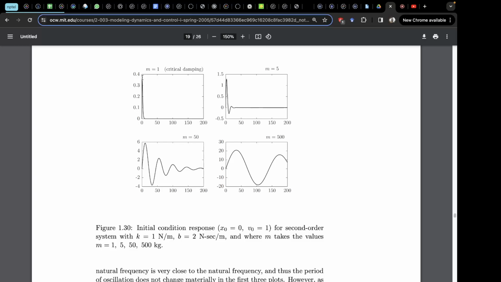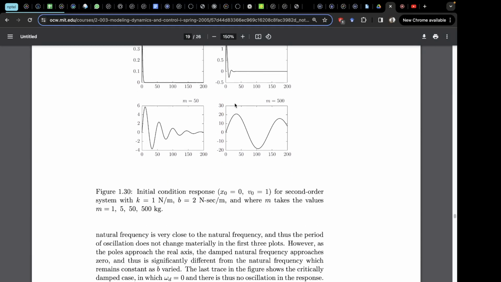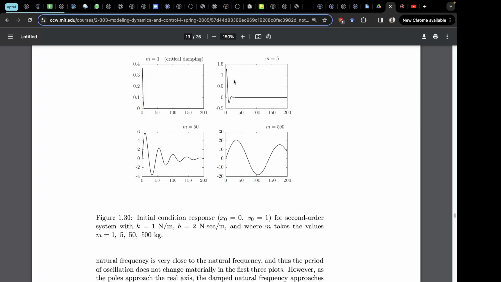So without much oscillations, it just dies down to the zero value. And interestingly, what happens, m is equal to 5, mass increased, then m is equal to 50. Then let's calculate the damping ratios once for this case.